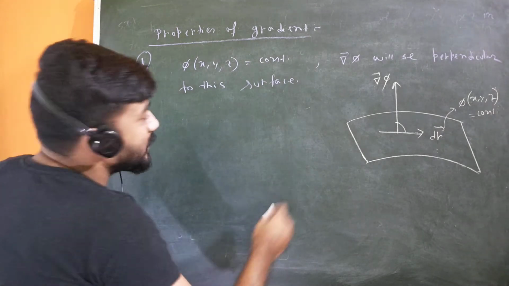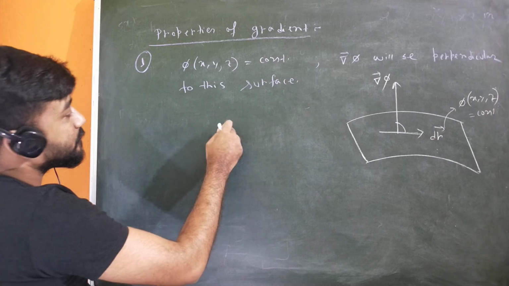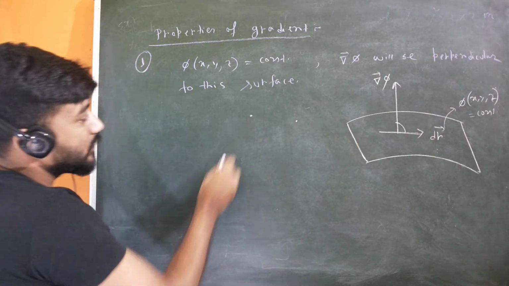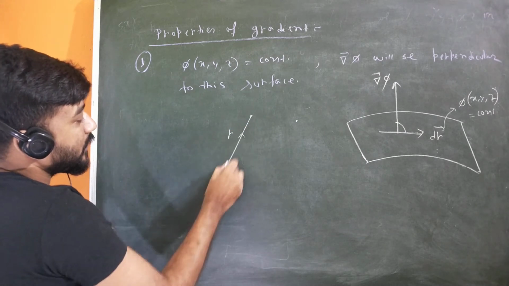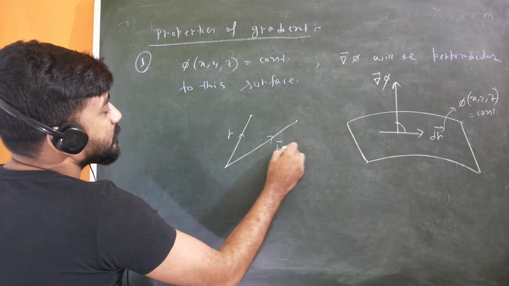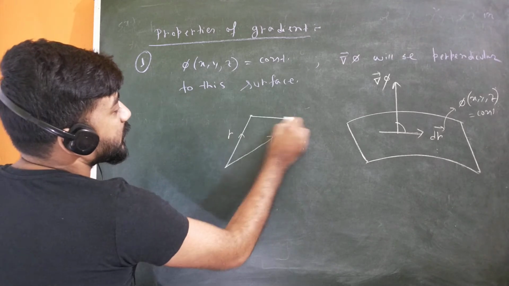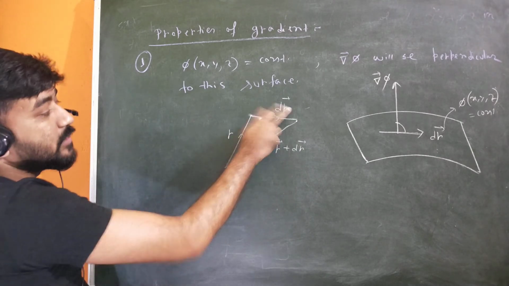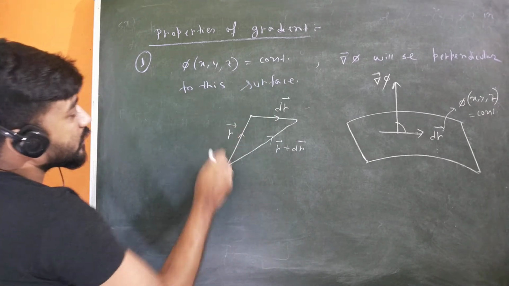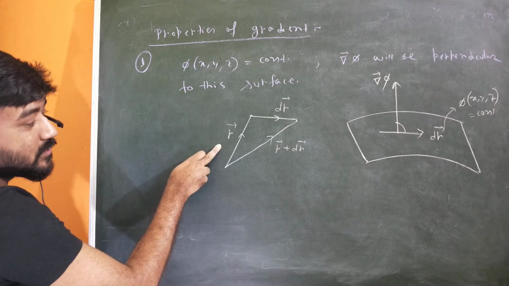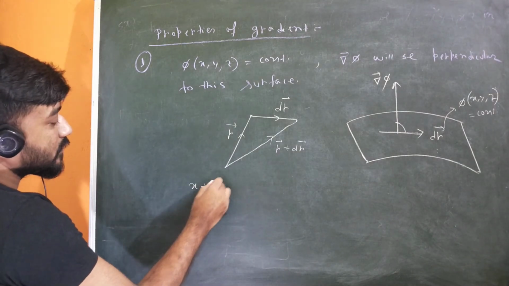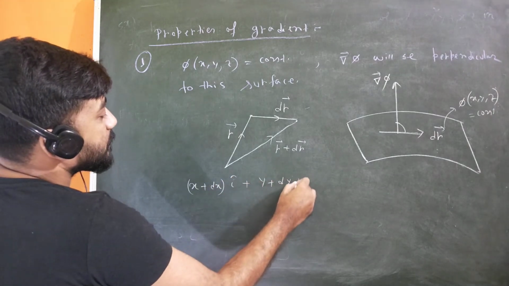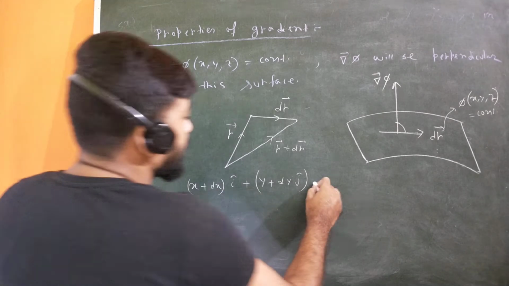Suppose this is a point on this surface and this is another point; if this is r and this is r plus dr, then from the triangle law of vectors it will be dr. This dr will be dx i cap plus dy j cap plus dz k cap, because dr is nothing but (r plus dr) minus r, and r plus dr is (x plus dx) i cap plus (y plus dy) j cap plus (z plus dz) k cap.